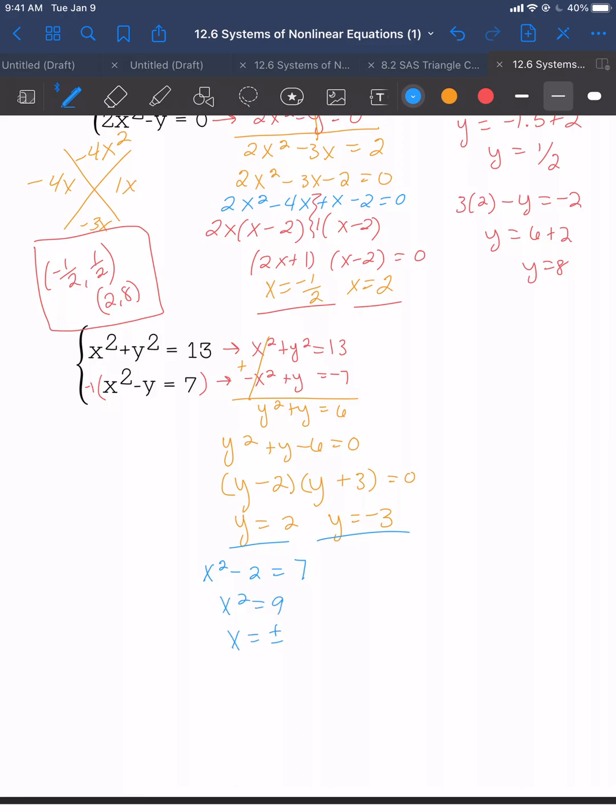So x equals plus or minus 3. That means the ordered pairs 3, 2 and -3, 2 are solutions. And then if I just do x squared minus negative 3 equals 7, it's x squared plus 3 equals 7, x squared equals 4, so x is plus or minus 2. So the ordered pairs 2, -3 and -2, -3 are solutions.